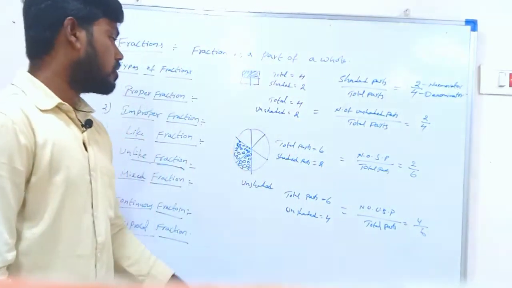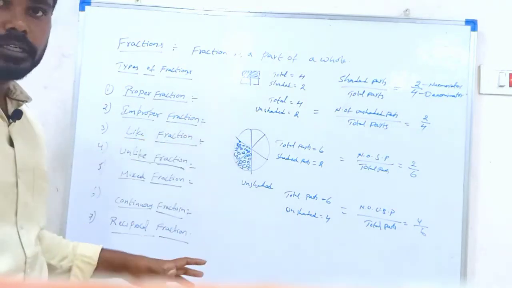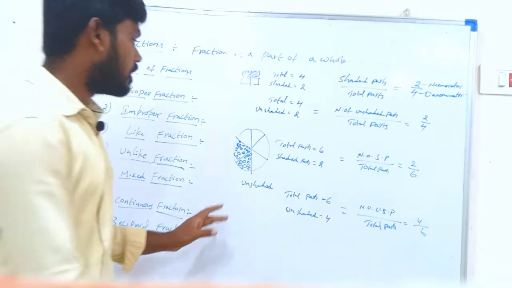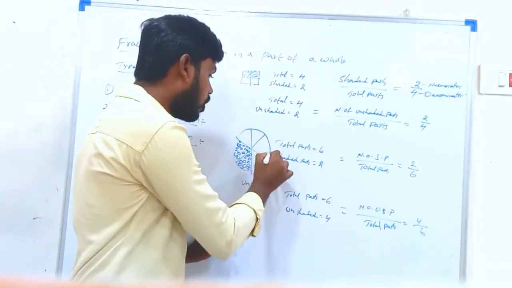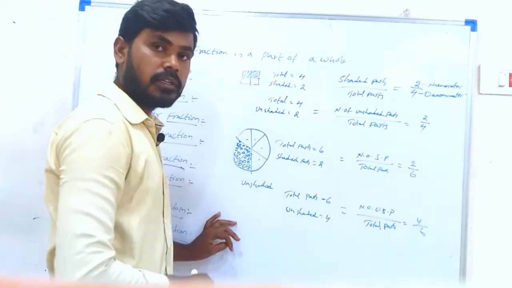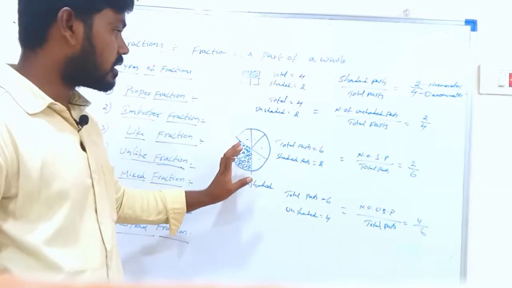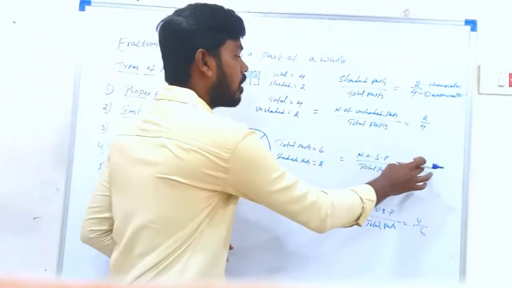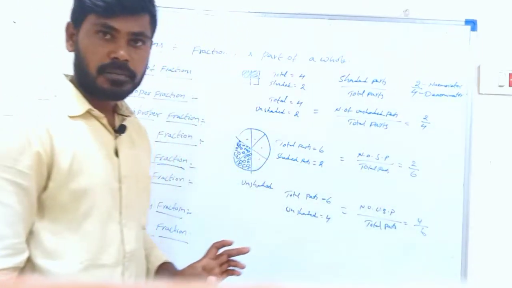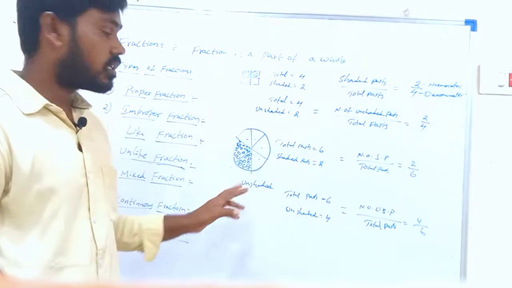So if a fraction is a part of a whole, see, the entire picture was divided into 6 parts. 1, 2, 3, 4, 5, 6. Among these, some part is shaded. How much? 2 equal parts out of the 6 equal parts of the figure are shaded.